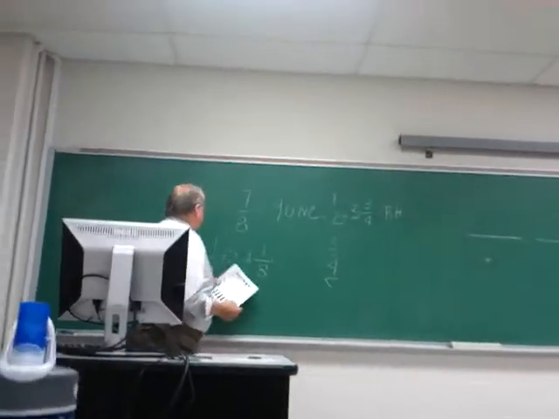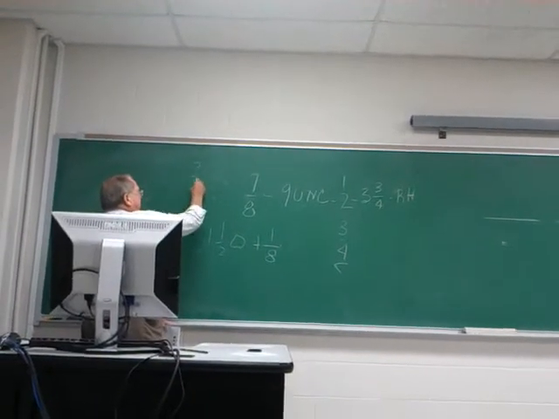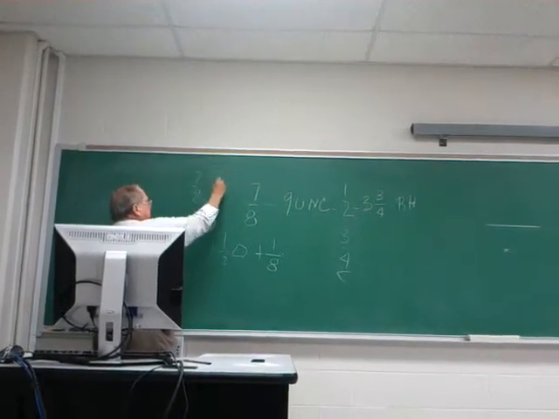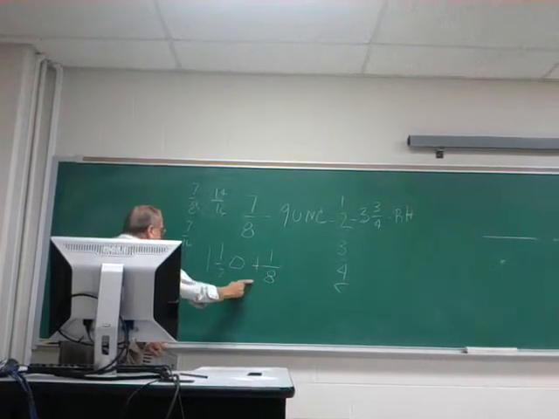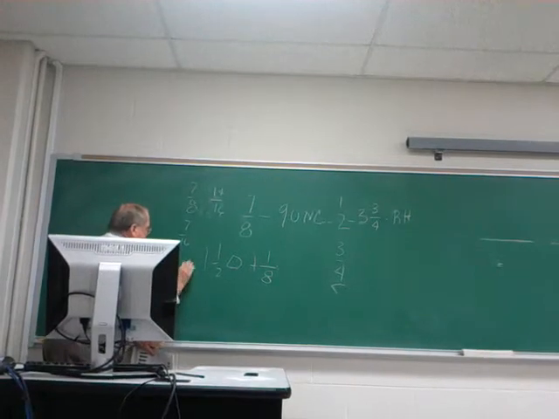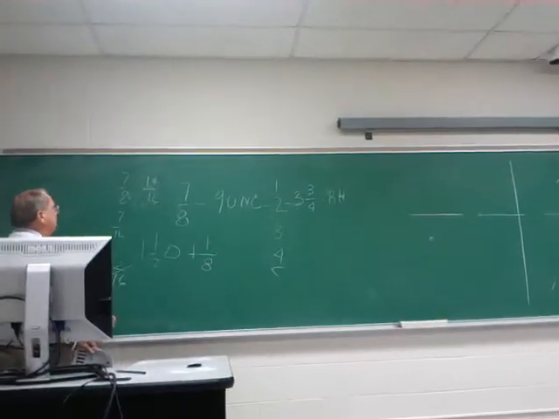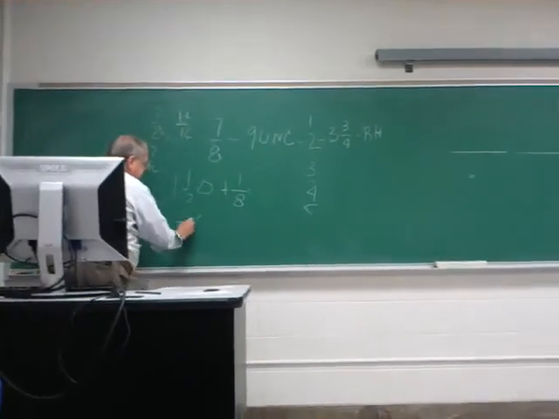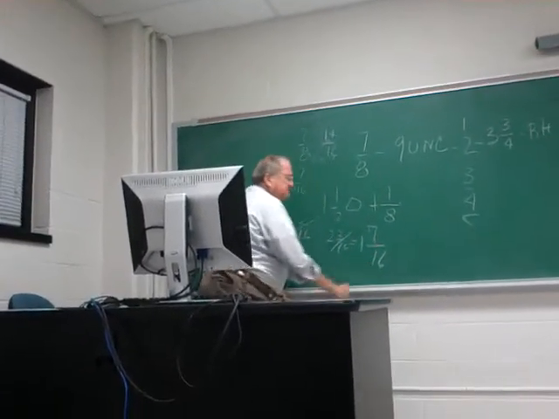1 1/2 times the diameter. Well, half of 7/8 is 7/16, because I converted that into 14/16. And 1/8 is 2/16. I'll get to it in a minute. And 14 plus 7 plus 2, that's 23/16. That's equal to 1 7/16.